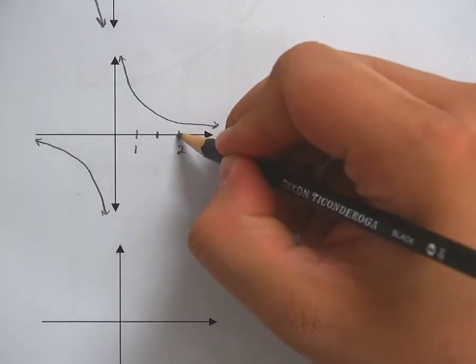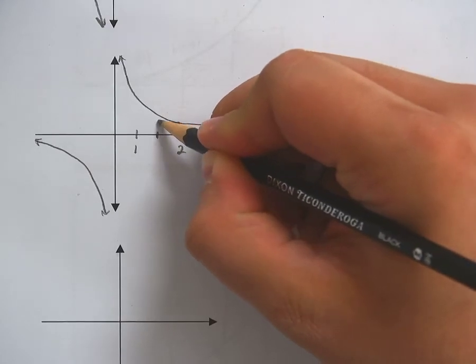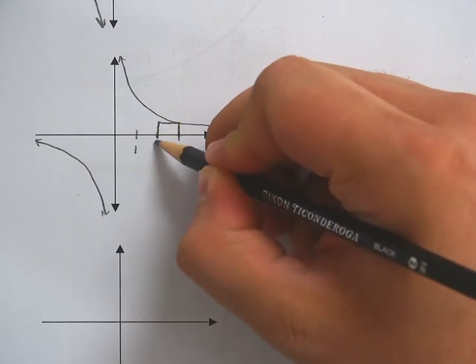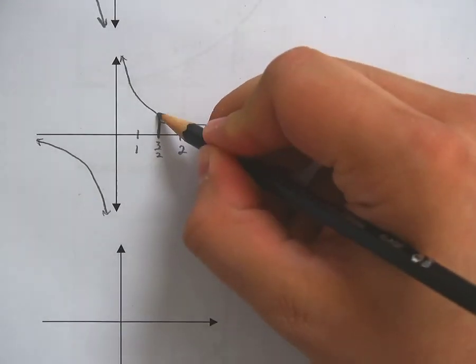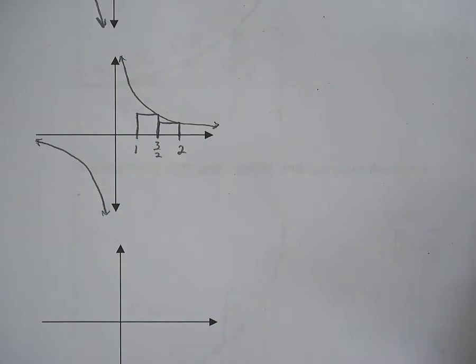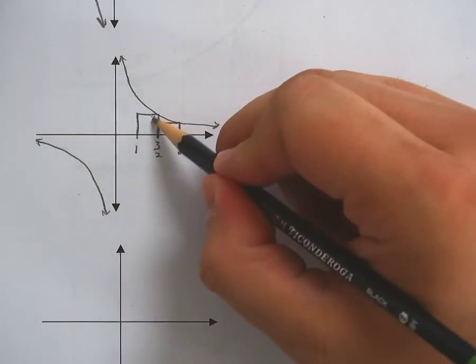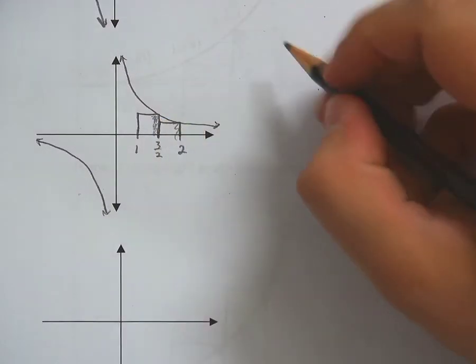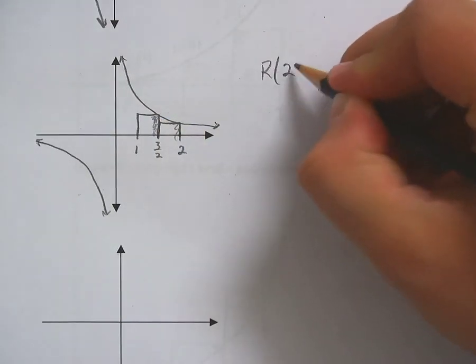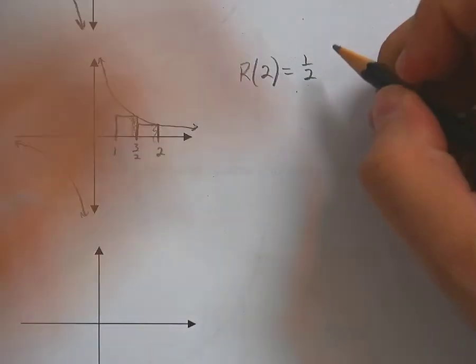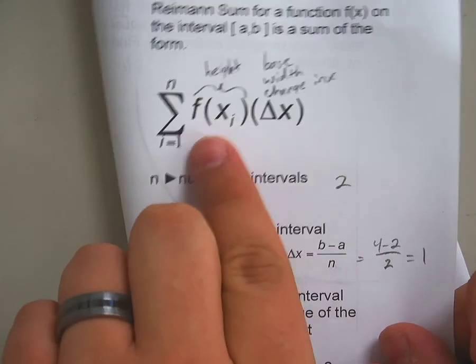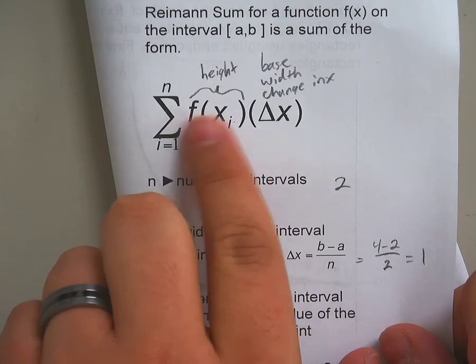So I'm going to start on the right with 2, go up to my graph, go over to my next rectangle, start at 3/2, go up, over, and down. So now I have a right-hand sum with 2 rectangles. My delta x is 1/2. Remember, everything that I'm doing is coming off of this. Add your functions, multiply by delta x.